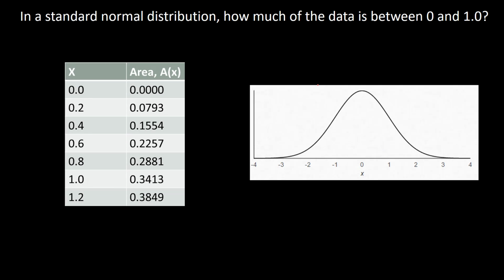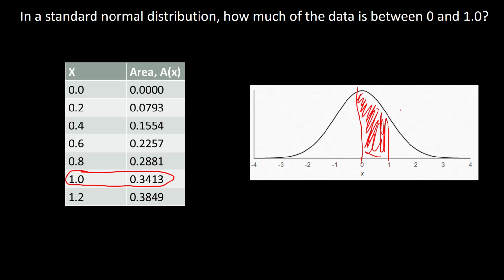So here we're asked how much of the data is between 0 and 1.0. Only part of the table is given to us, only the part that is relevant. Between 0 and 1.0, we're trying to find this area right here. Based off the table, we look at 1.0 and the corresponding area, 0.3413.